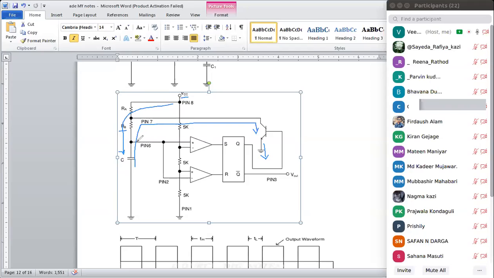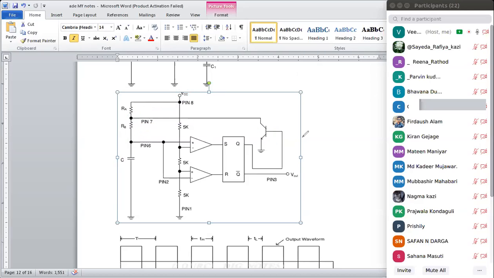Whenever the transistor is turned on, the capacitor starts discharging. If the transistor is off, the capacitor starts charging.